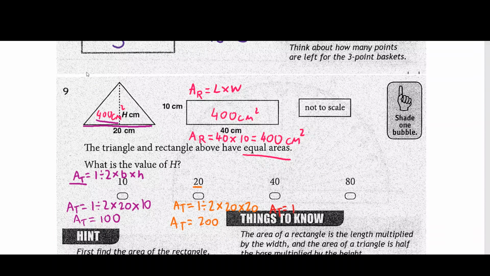Area of a triangle equals 1 divided by 2 times 20 times 40, taking this number, 40. The area equals 400. So that's 400 there, our area, and they match. That 400 is equal with that one. So our answer, what's the value of h? What's the value of this height? It's 40.